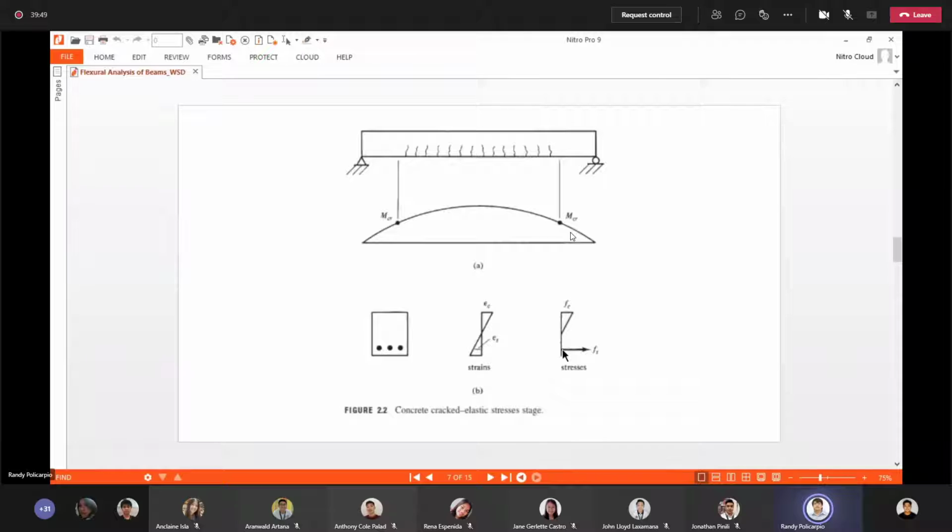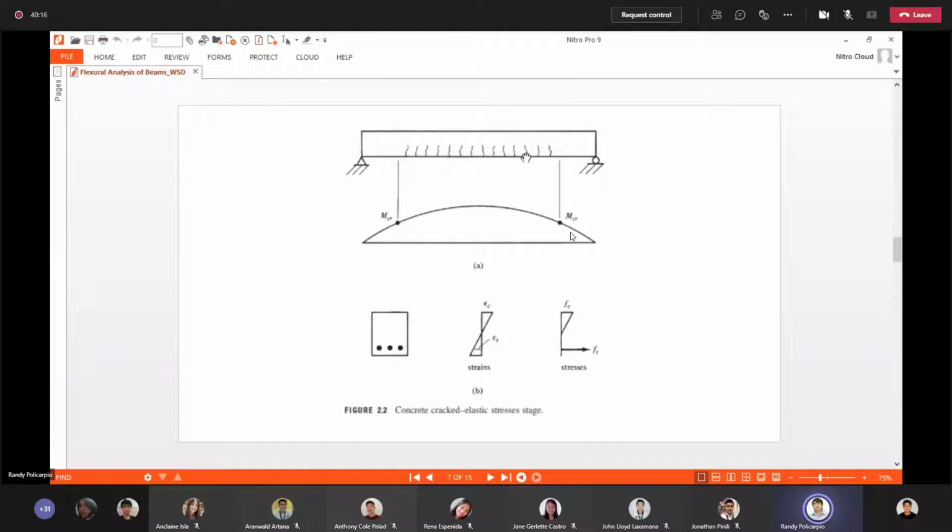So we can still consider this as linear, but then again, for the tensile stress in concrete, wala na yan, kasi crack na yung bottom natin. So yung tensile stress in the concrete is no longer considered dito sa ating stress diagram.